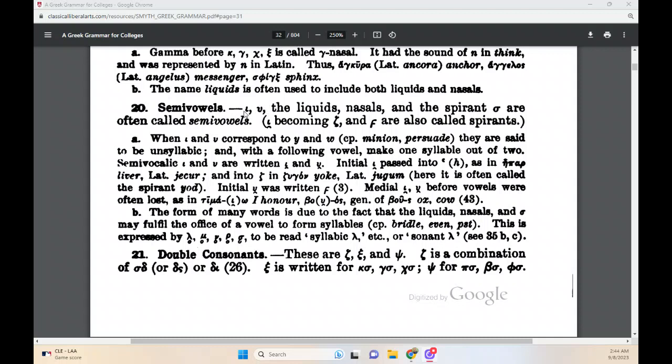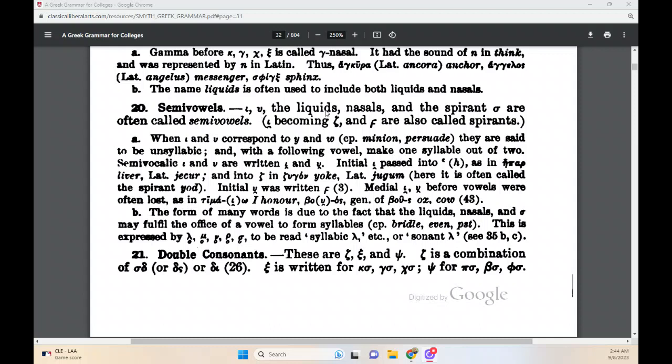I just want to make it clear that these two, iota and upsilon, are actually vowels in certain places where they make the sound of a consonant, usually when they come before other vowels. So we're not saying that these are consonants, we're saying that the vowels iota and upsilon can be used in a way in certain places where their sound is more like the sound of a consonant. They're called semivowels because they're almost vowels.